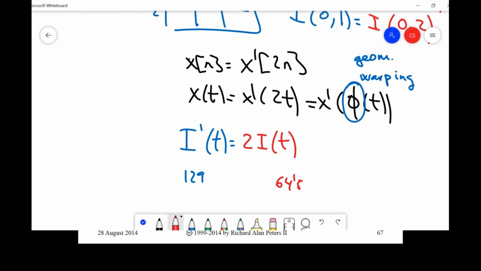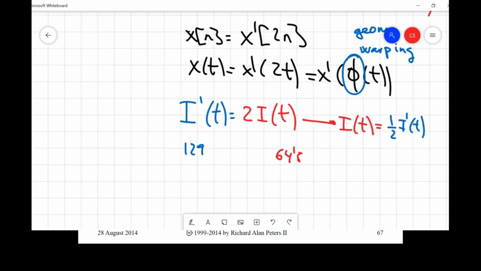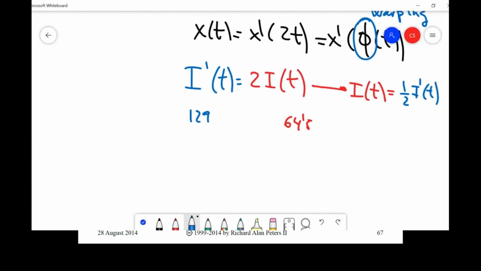What does it mean to lose information or to not lose any information? It means that if I want, I can recover the original image simply by dividing by half. And then I have exactly the same information. So let's generalize this.